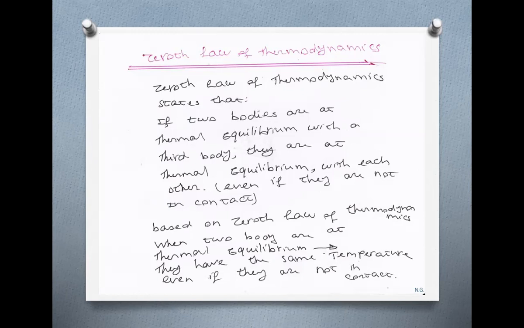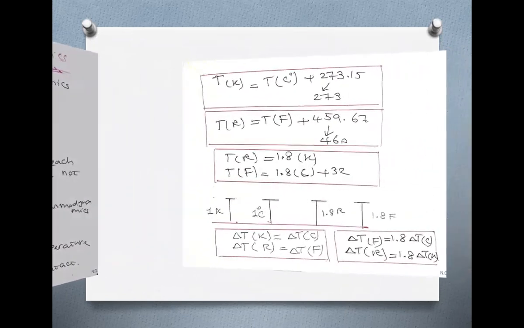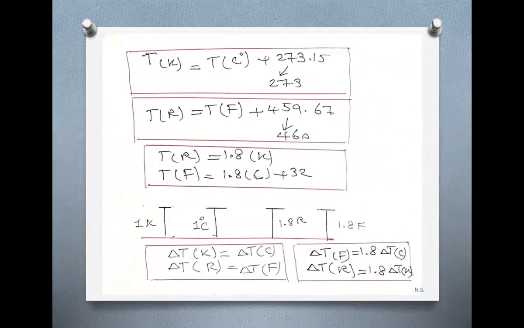So body one and body three will be at equilibrium themselves, even if they are not in contact. They have the same temperature because both are at thermal equilibrium with the third body, right?